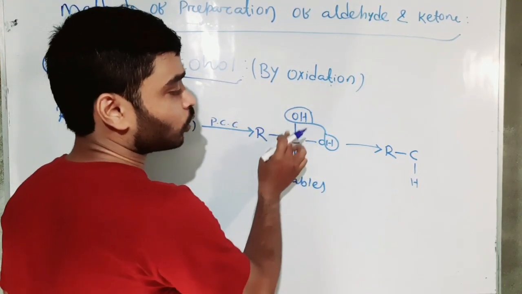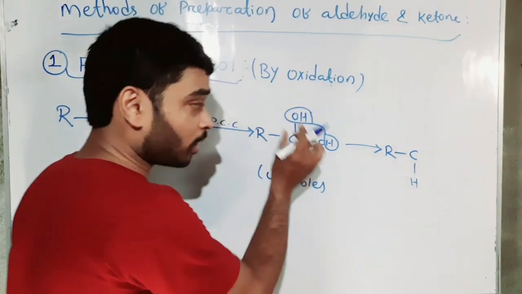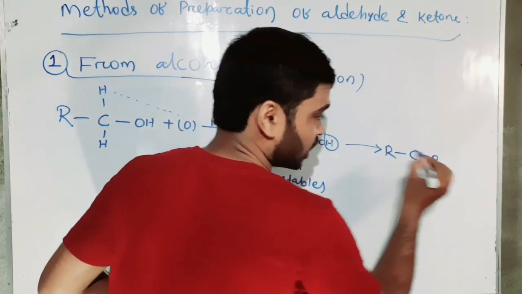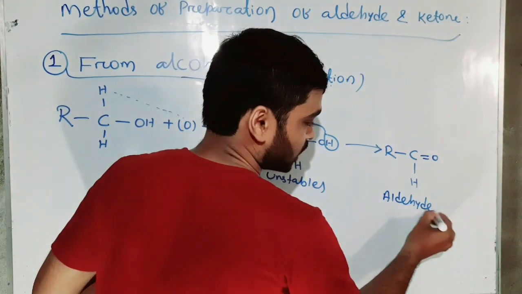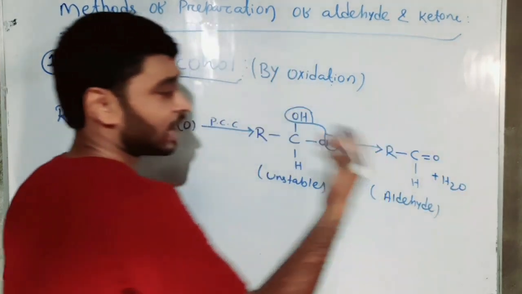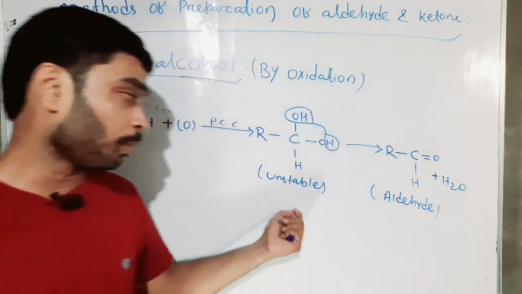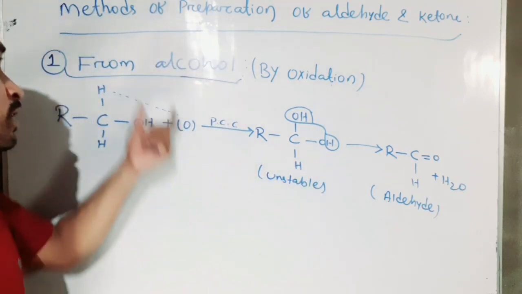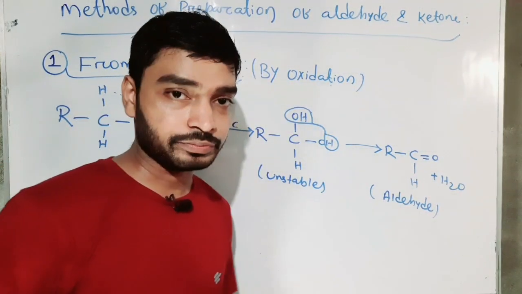So due to one unpaired electron of carbon and one unpaired electron of oxygen, a double bond gets produced between carbon and oxygen, resulting in the formation of aldehyde, along with the water molecule, that means H2O. As I have told, during oxidation, dehydration occurs due to formation of the unstable intermediate product. So this is the complete process of oxidation of primary alcohol to its respective aldehyde.